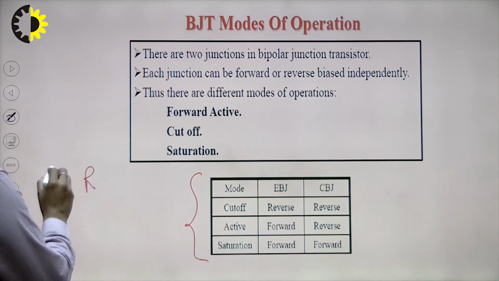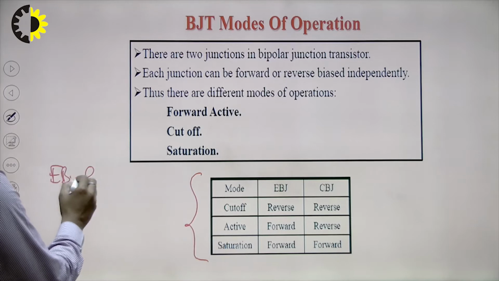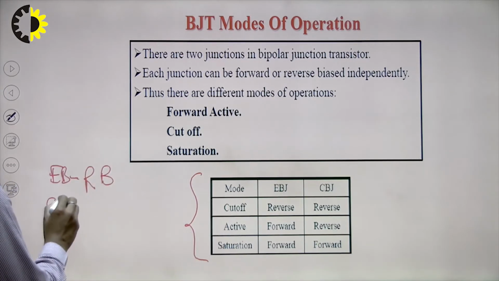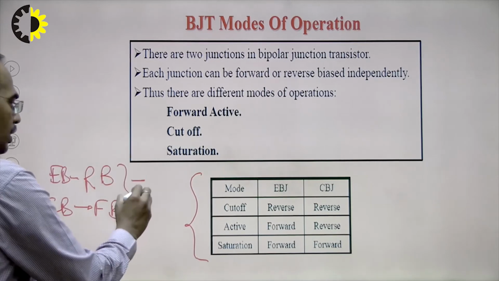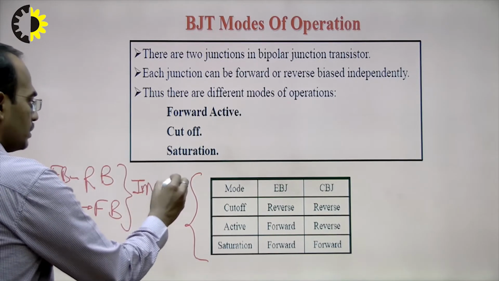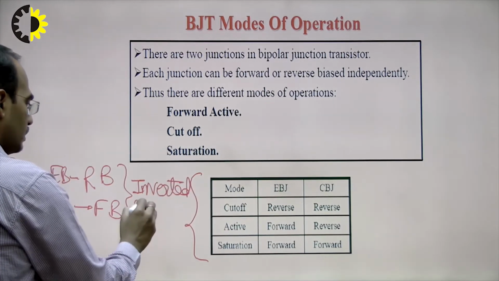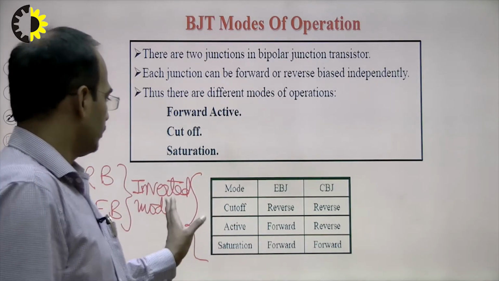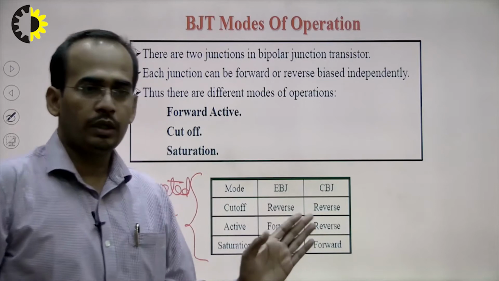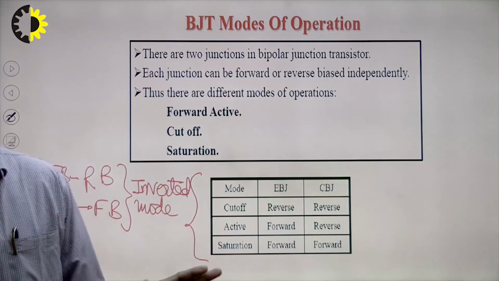And the fourth condition is when the emitter base junction is reverse bias and the collector base junction is forward bias, so the transistor will operate in inverted mode. This is the fourth combination. When the transistor operates in inverted mode, it behaves as an attenuator.